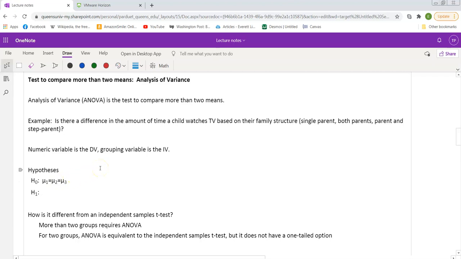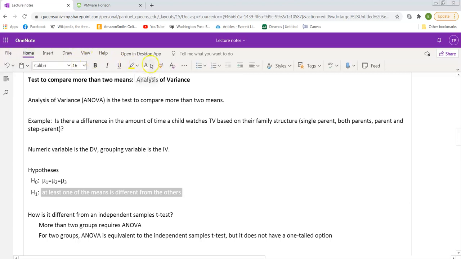But that's not actually the opposite of all of those means being equal to each other. The only thing required to be opposite from all means being equal is that there's at least one that's different. I don't want you to make that mistake. So the alternative hypothesis is that at least one of the means is different from the others.